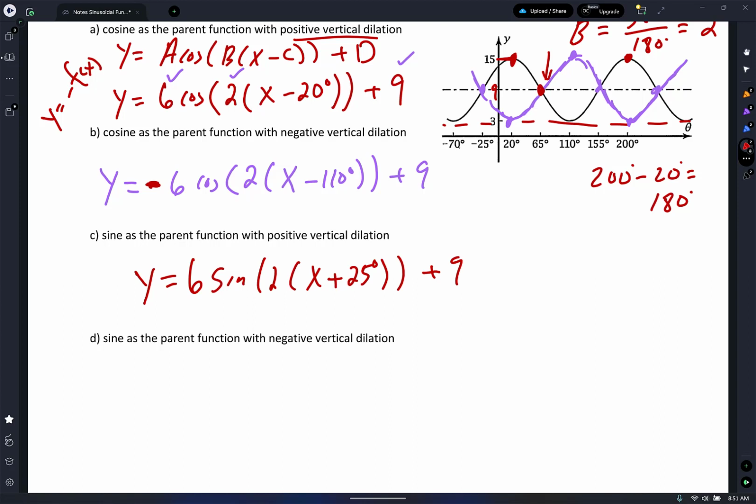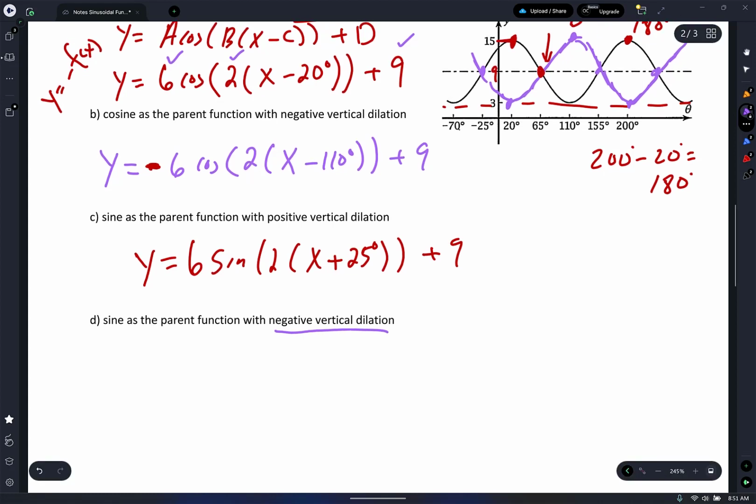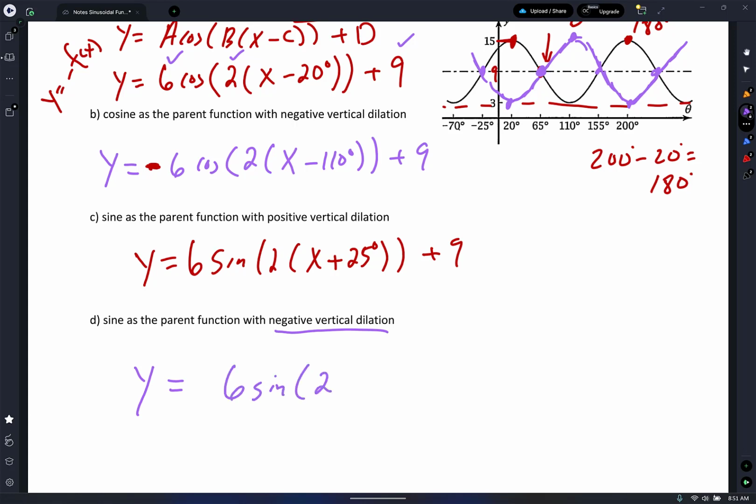I'm going to go back to the light purple one for the next one, because the next one says a negative vertical dilation. So here we go. I'm looking at the purple one, guys, and I'm like, oh, I need to write it with a negative in the front. So I'm just writing right now the purple expression. 6 sine, open parenthesis, 2, open parenthesis, x. And I'm going to choose what point of inflection? At what degree?